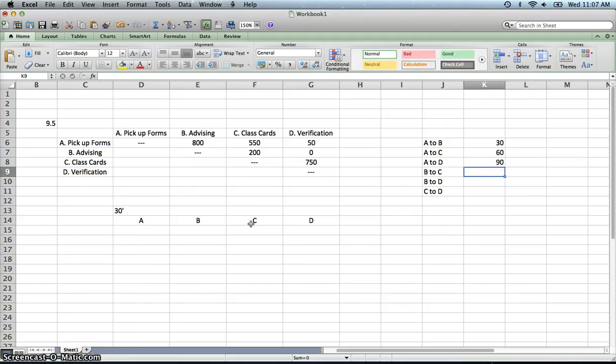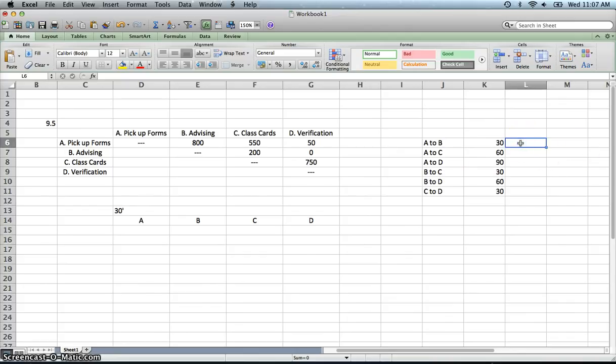B to C is back to 30. We've already addressed the A to B or B to A, so we only have to do the B to C, and then B to D is 60, and then C to D is 30. So we've acknowledged all the possible movements, and now it's just a matter of plugging in the amount.